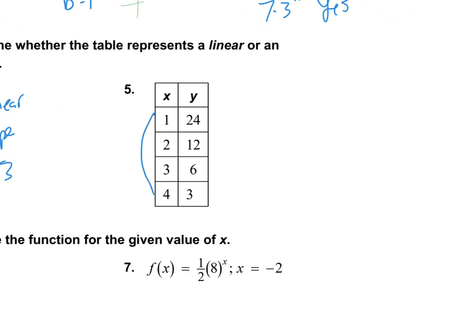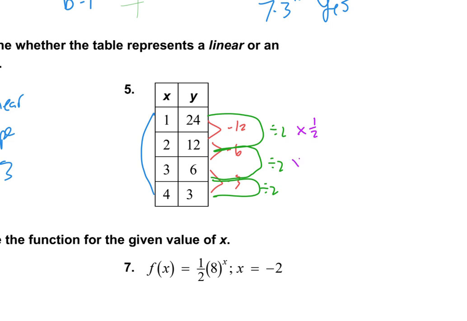So how about this one again? The x's are going up by 1. I like that because it's just helpful to calculate. That is going down by 12, down by 6, down by 3. Or you could look at it as divide by 2, divide by 2, divide by 2. And if you're like, but wait, exponential functions aren't divided by 2. What about times 1/2, times 1/2, times 1/2?